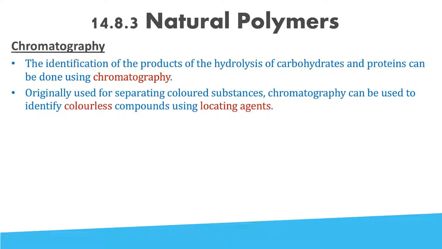Originally used for separating colored substances, chromatography can also be used to identify colorless substances by using a locating agent. You don't need to learn the name of the locating agent, just mentioning locating agent will be enough. A locating agent is a compound that gives color to a colorless substance.